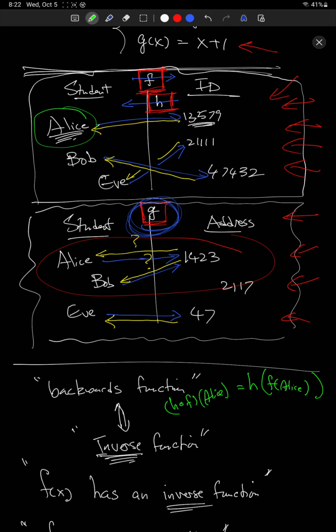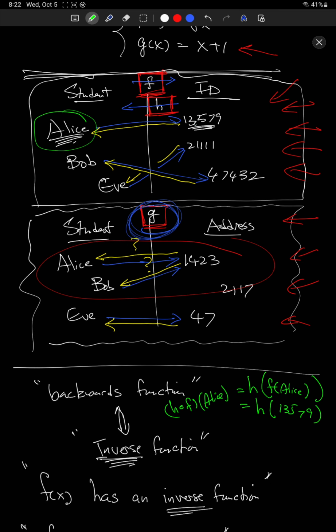That's going to be h of f of Alice, right? What is that? Alice goes to 13579, right? What is h of that? h is the thing that goes backwards from 13579 to Alice, right? So this is Alice. Okay, and so what you notice is h after f of Alice is Alice. And if you do this with any of these others, h after f of Bob is just going to be Bob.